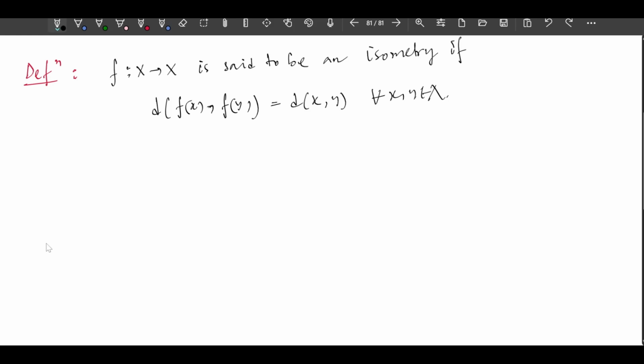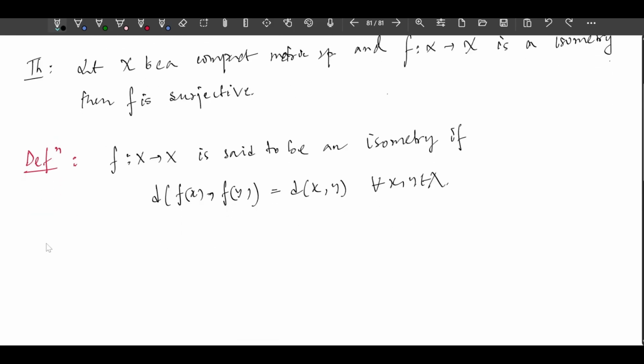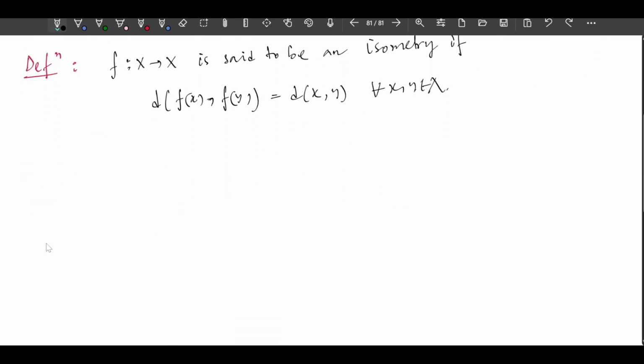Now before proving this theorem, I want to prove a small proposition which we need to prove that theorem.